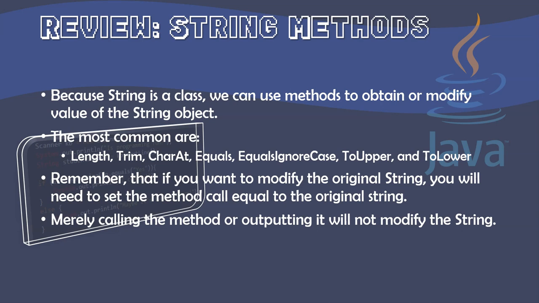Of course, some common ones are things like length, trim, charAt, equalsIgnoreCase, toUpperCase, and toLowerCase. Just remember that if we want to modify the original string, we need to set the method call equal to that original string. Merely calling the method or outputting it will not modify the string in any way.